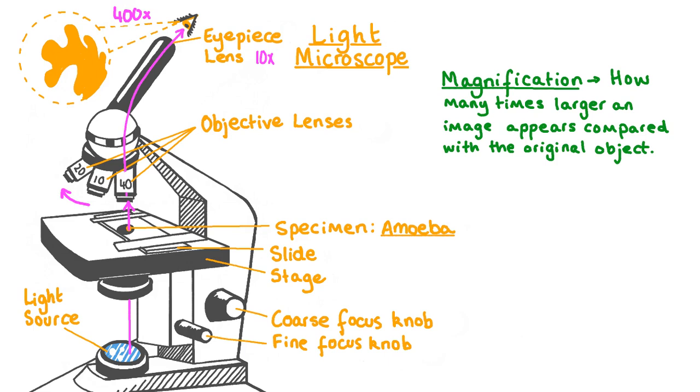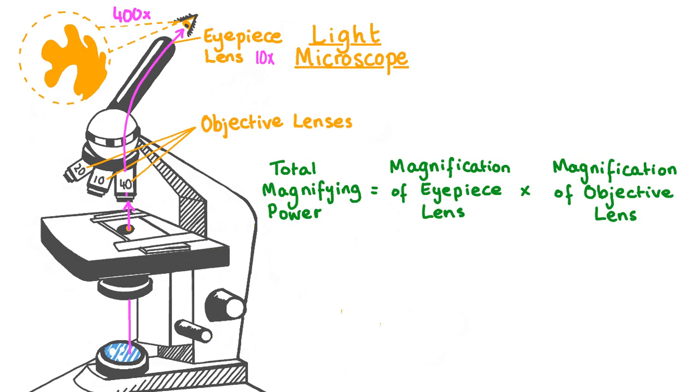The degree to which an image produced by a microscope is larger than the object itself depends on the total magnifying power of a microscope. Total magnifying power, otherwise known as total magnification, can be calculated by multiplying the magnification of the eyepiece lens, which is usually 10 times on a light microscope, by the magnification of the objective lens that is currently in use.